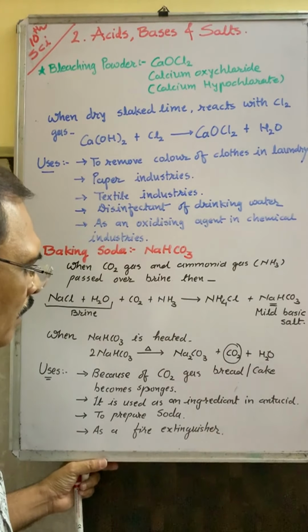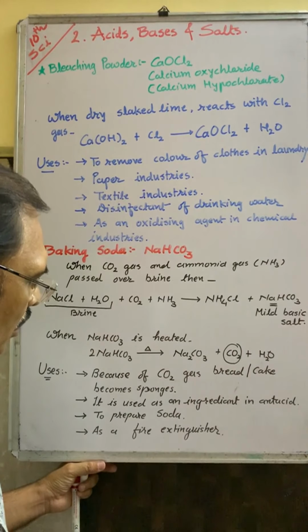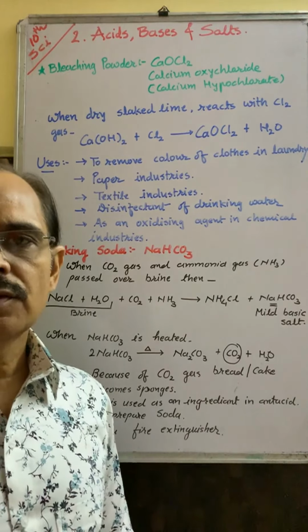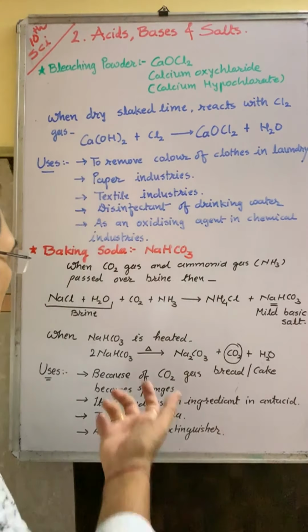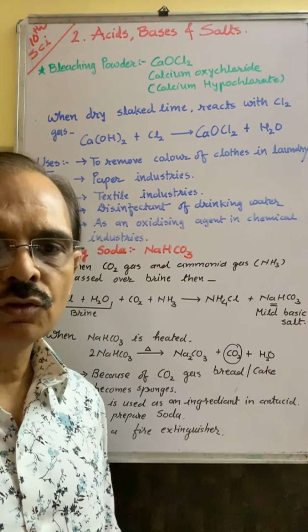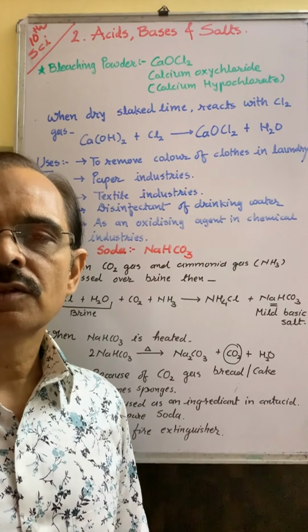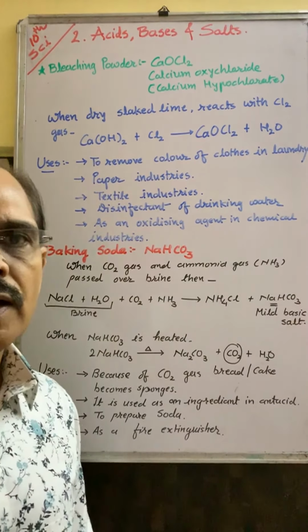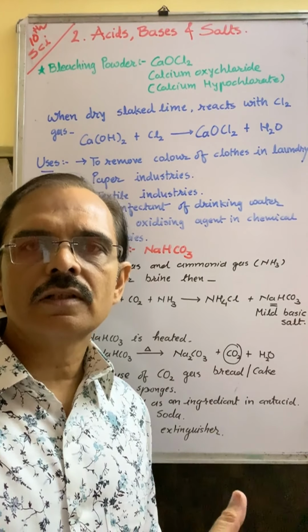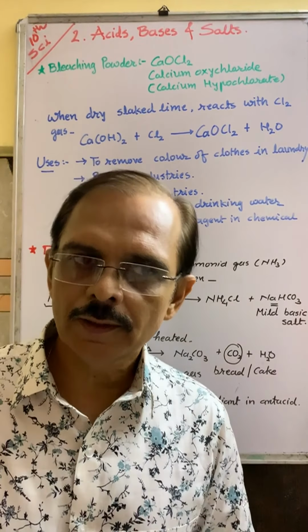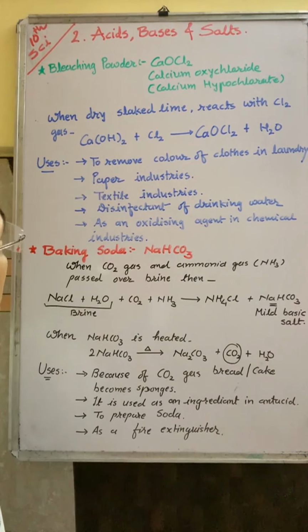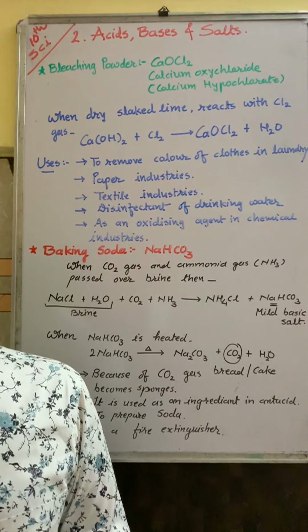In your school or classes, maybe there is a fire extinguisher, and if you press it, then white color powder comes out, which is known as baking soda, which is used to extinguish fire. So this white soda covers the fire, and then fire does not react with oxygen of atmosphere, and it will stop. So these are the uses of baking soda and bleaching powder.